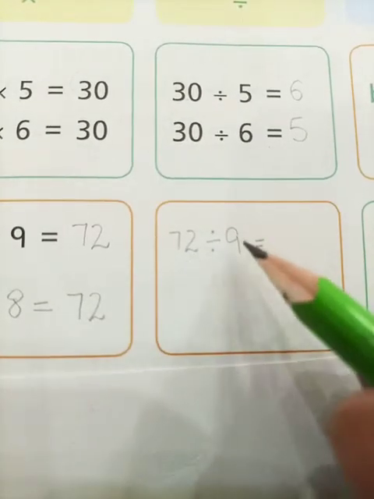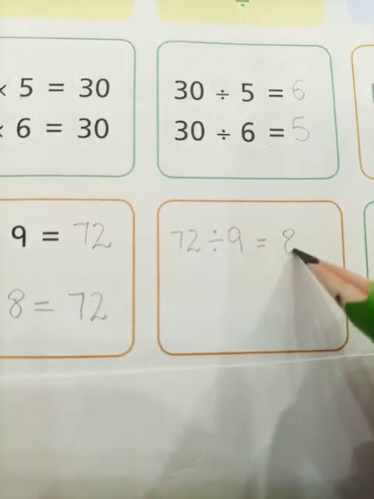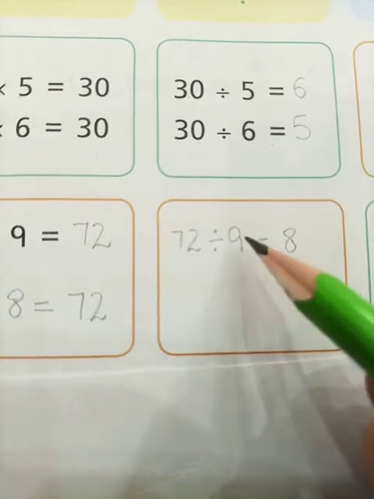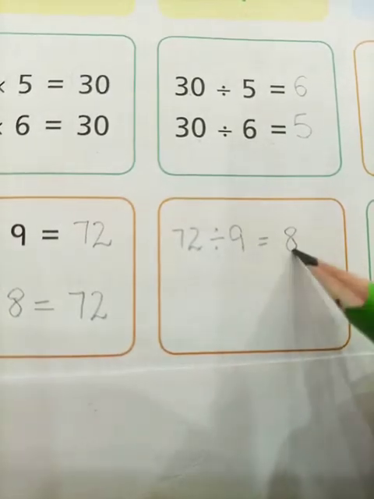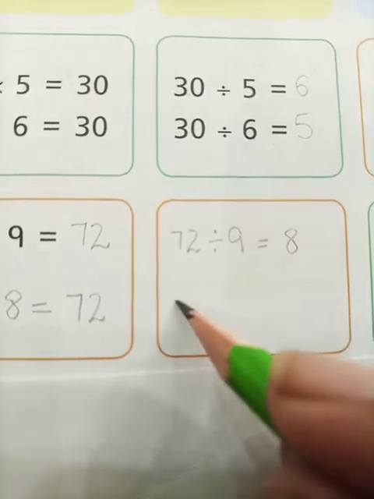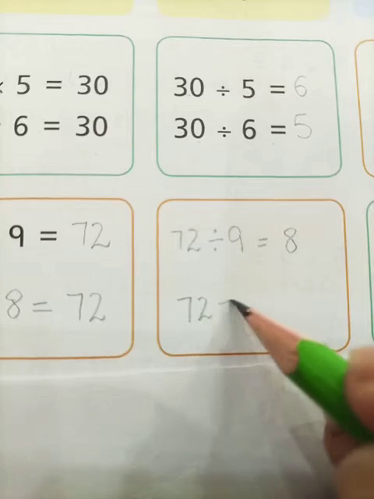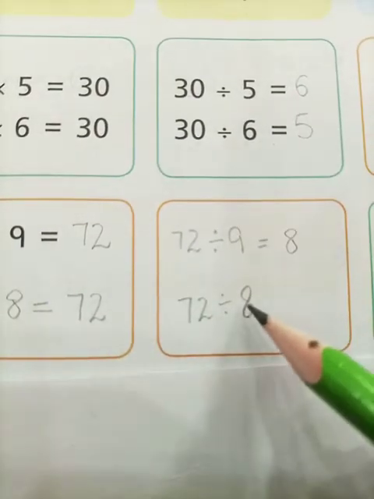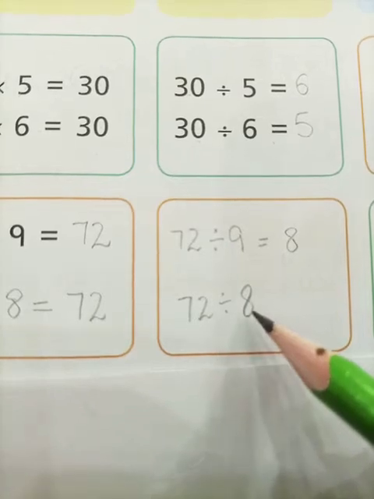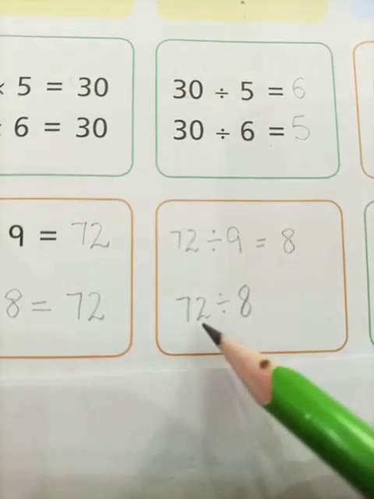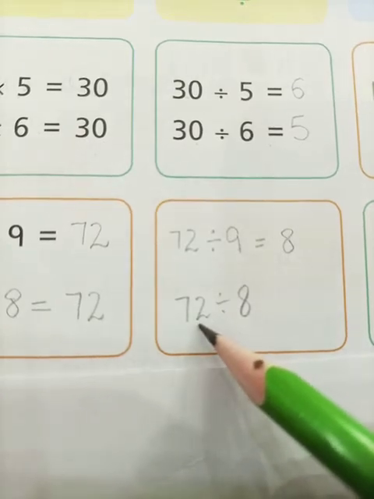So students, 72 divided by 9, and our answer is 8, because we read the table of 9, and in the table of 9 we get the number 72 by the 8. Next is 72 divided by 8, and then we are going to read the table of 8 until the number on which we get the number 72.